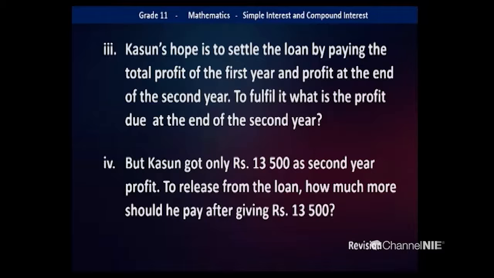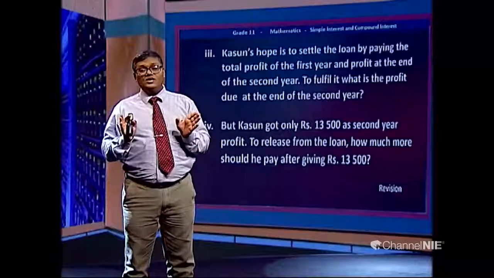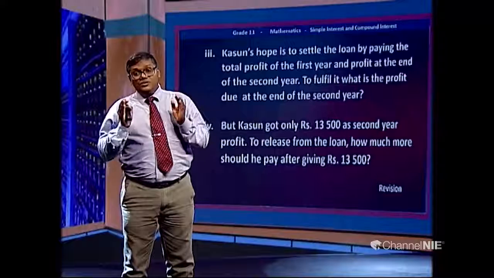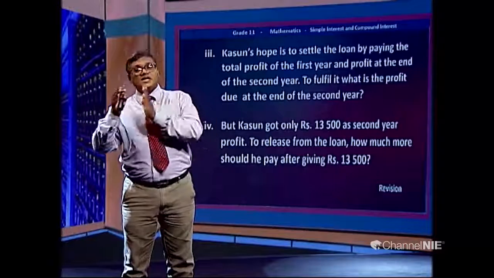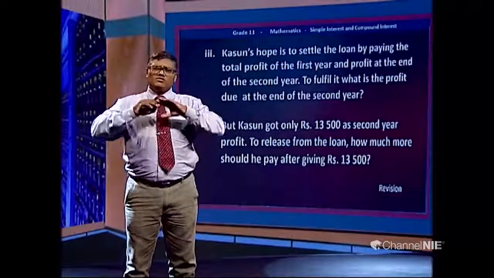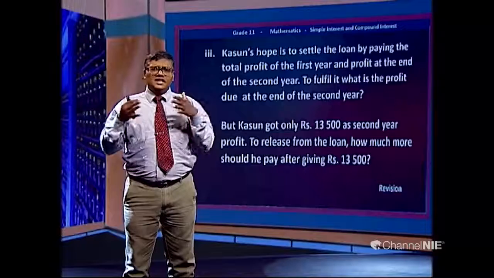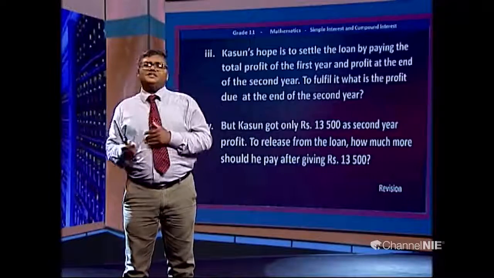First year, you know there is some profit, you have already calculated. Then second year he is going to use the second year profit and settle the loan. How to settle the loan? Just pay the interest? No. To settle the loan, you have to pay the principal amount and interest. Now the total amount is the addition of principal and interest.